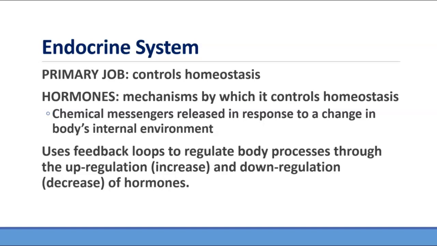And then the endocrine system, like many other systems in our bodies, uses feedback loops to regulate body processes through either the upregulation, which is an increase, and or the downregulation or decrease of hormones. So it's sort of like having a controller switch. We can say more, less, but the body is doing that on its own.